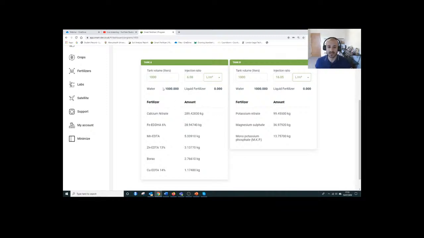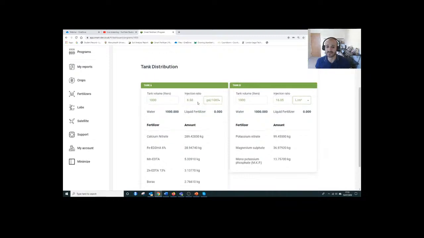And here you can see that in this tank with this volume, I have to put this amount of kilograms of calcium nitrate, iron, etc. And I need to put of this tank 6.808 liters for every 1 cubic meter of irrigation, which means 6.8 liters every 1000 liters of water. This can be expressed in percentage if you prefer, or in gallons per 1000 liters if you're in America.